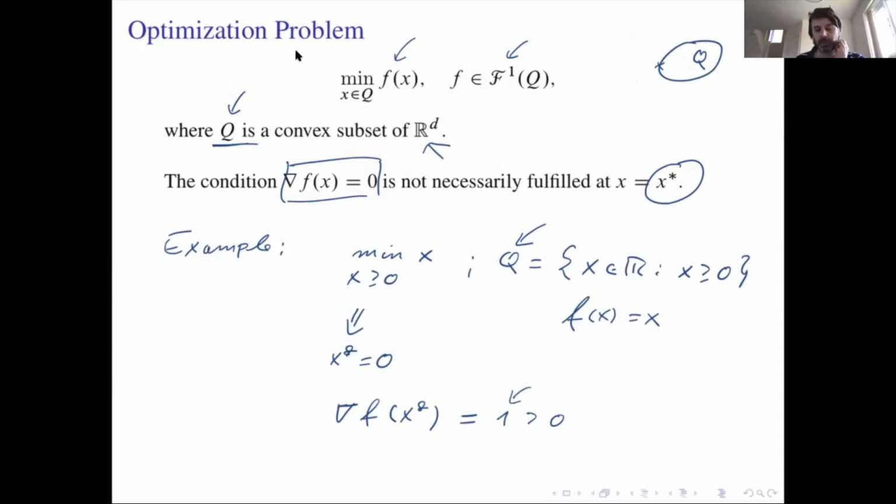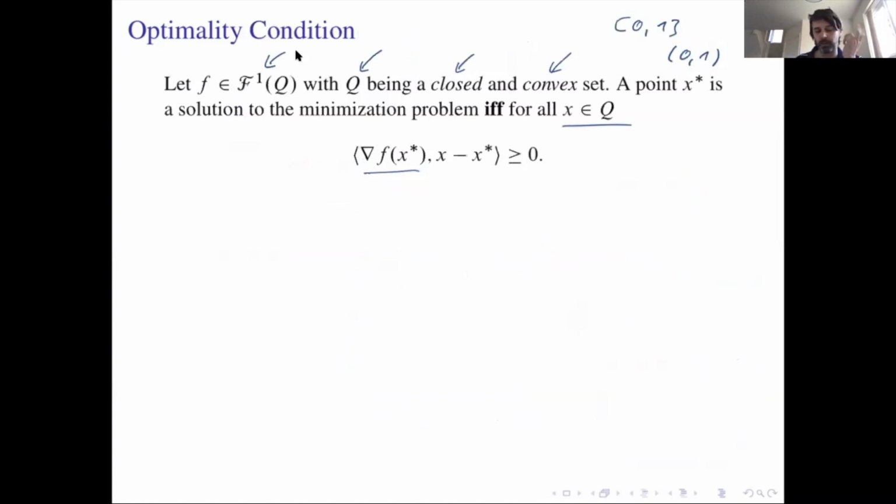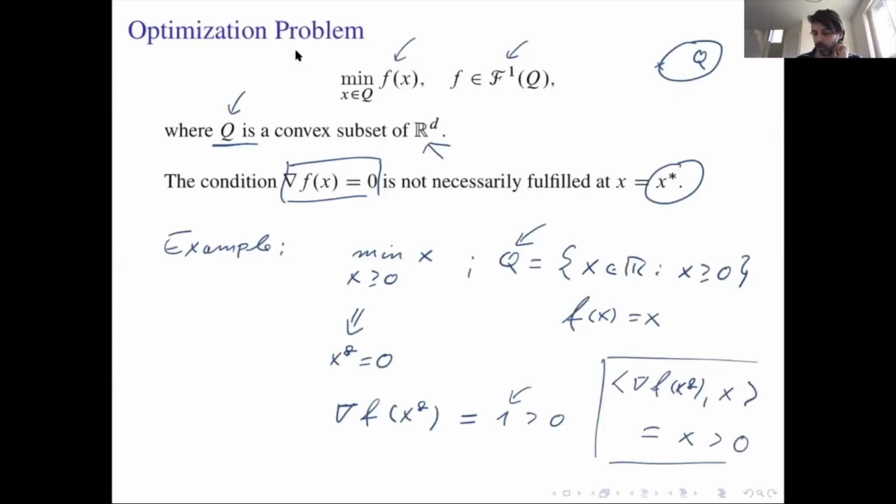If I look into the inner product, x star is 0, so this would always be equal to x. I mean, the notation here is a bit overkill because we're on the real line, but this would always be equal to x and always positive. So this is a simple example. The condition would be fulfilled. It would be always positive, whatever point x in Q I plug in here. So the condition would apply.